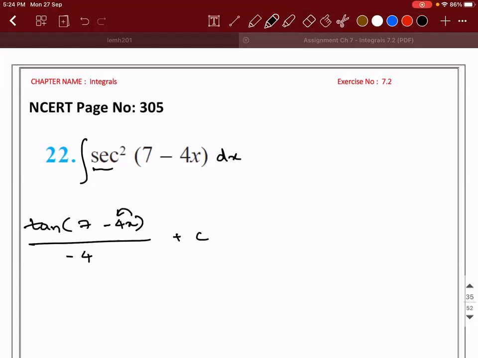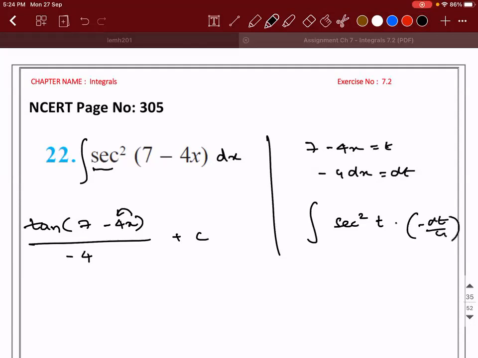Don't miss the minus. I'll tell you why it would have come: because 7 minus 4x, you'll put it as t, minus 4 dx is dt. So integral of secant square t into dx, I can write it as minus dt by 4. So minus 1 by 4 into integral of secant square t dt. So minus 1 by 4 into tan t, which is nothing but tan of 7 minus 4x.